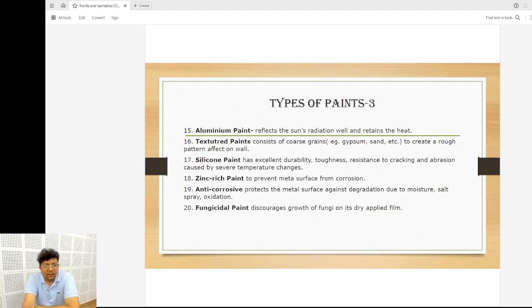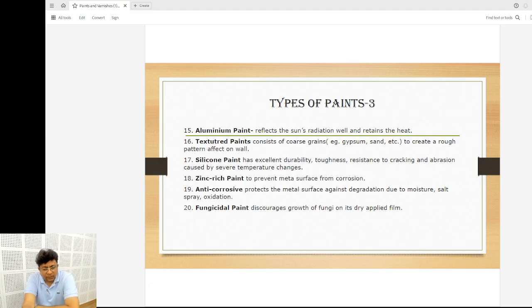Then we have silicone paint, which has excellent durability, toughness, and resistance to cracking and abrasion caused by severe temperature changes. For example, in locations where there are very severe temperature changes between day and night, we can go with silicone paint, which can resist the temperature changes to an extent. Then we have zinc rich paint, which is basically for metal surfaces like mild steel used in buildings, which are prone to corrosion.